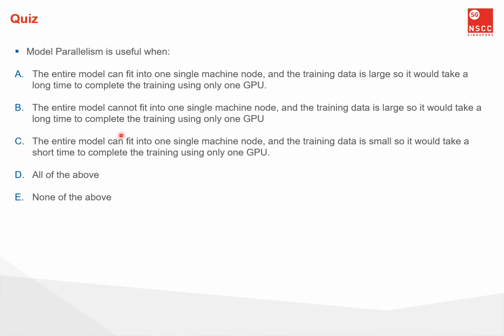C, the entire model can fit into a single node and the training data is so small that it would take a short time to complete training with only one single GPU. D, all three above are true, or E, none of the above three are true. So pause for a few minutes and think about the answer before you continue on.